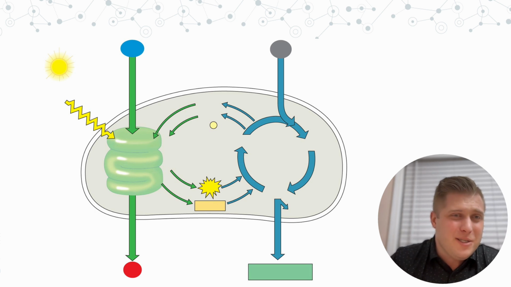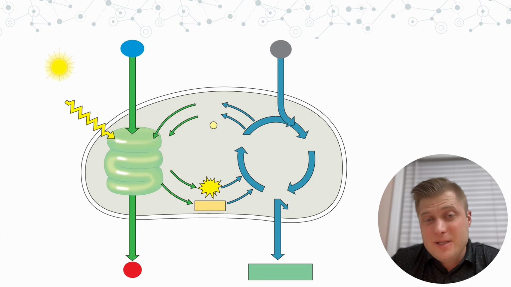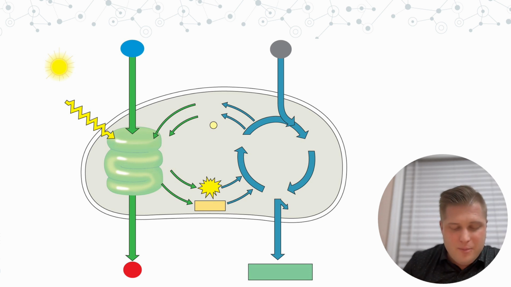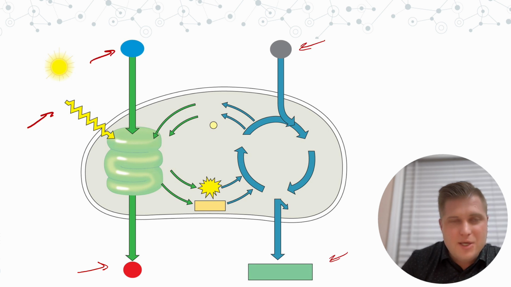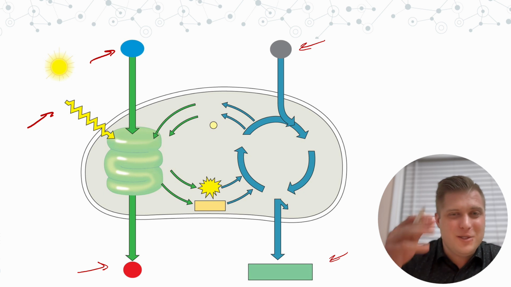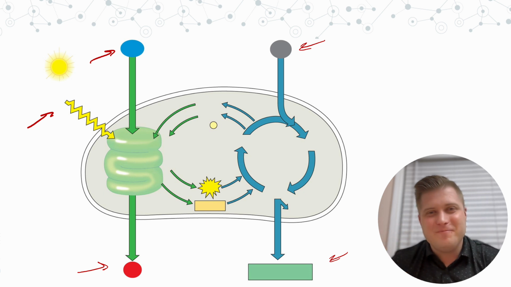Big picture on this is to realize what's going into photosynthesis and what's coming out of photosynthesis. Your inputs and your outputs are these things here. So please note what's going into the chloroplast and what's coming out, and which side of the reaction things are coming in or coming out.